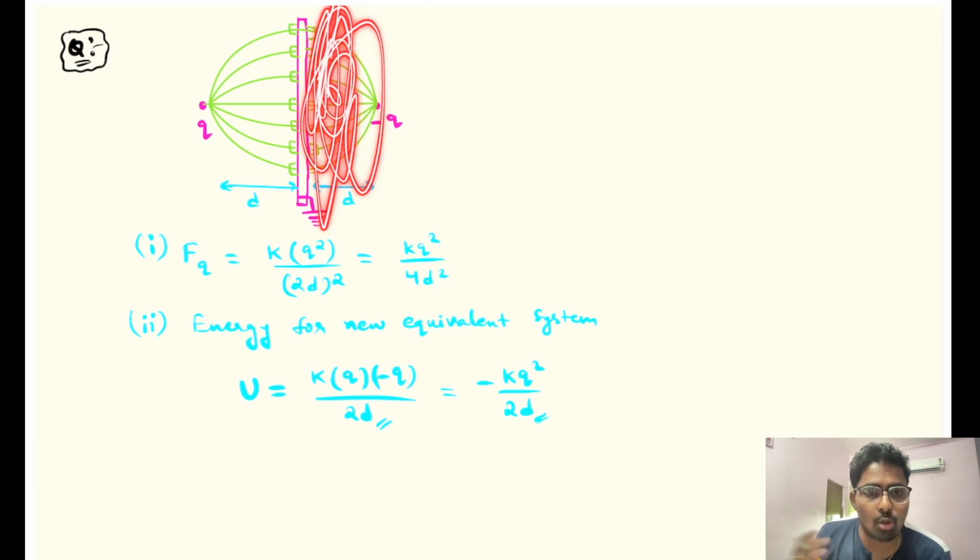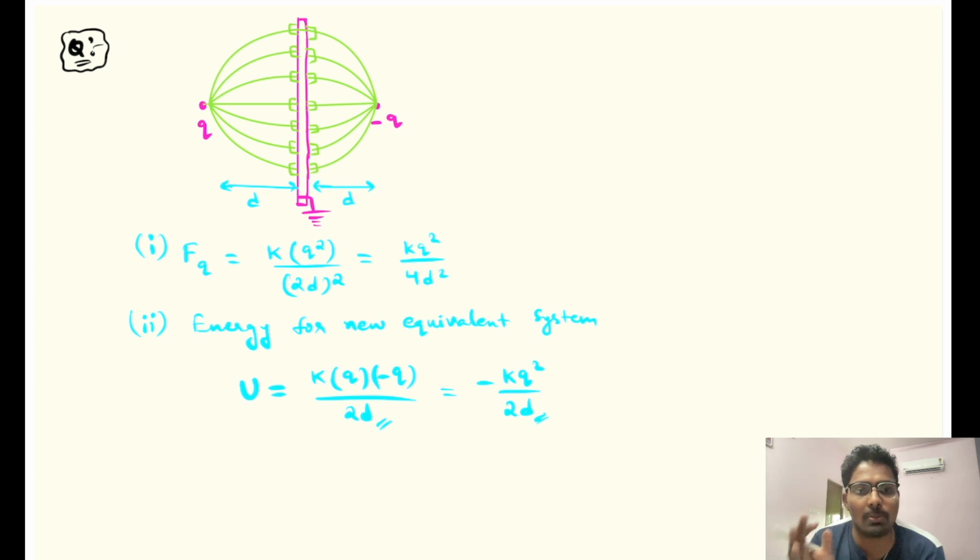That means energy will be stored in the space in the form of electric field. If the entire plus q and minus q charge system is there, with all the electric field lines in the entire space, the energy stored is this much. But now the field lines are distributed only in one half, perfectly symmetrical. So what is the conclusion?